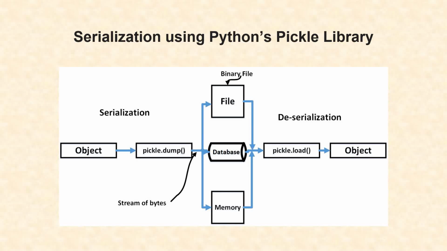This is a schematic diagram of Python's pickle library methods. First, in the serialization, we read the object with the pickle.dump method and it dumps the serialized bytes in file, database and memory. Then the deserialize method uses the load method and reads it from file, database and memory and presents a user readable form.